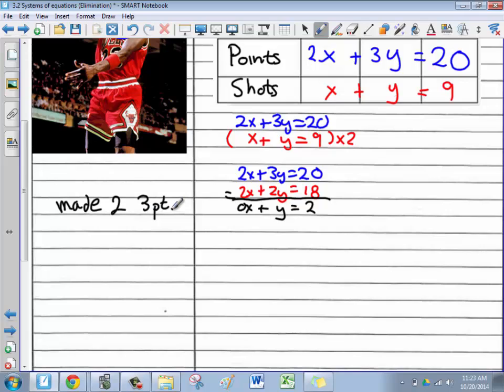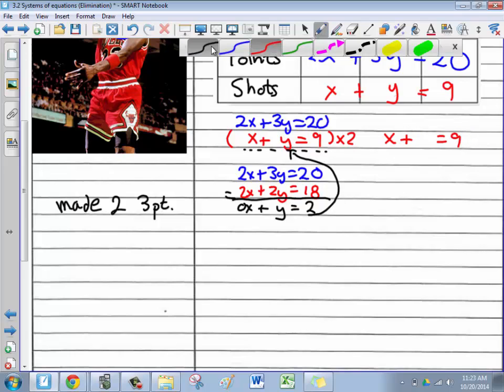Okay, so now I'm going to take this 2, and I'm going to plug it into either of these two equations. This one seems really easy, so let's plug it into that one. I'm going to plug it in for my y. So I have x plus y is equal to 9. But my y in this situation is 2, because I plugged the 2 in for that y. So what plus 2 is 9?